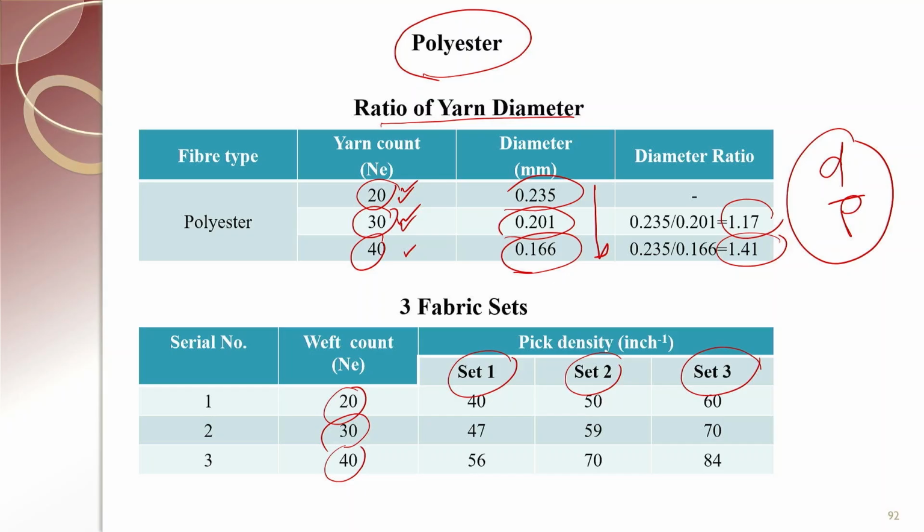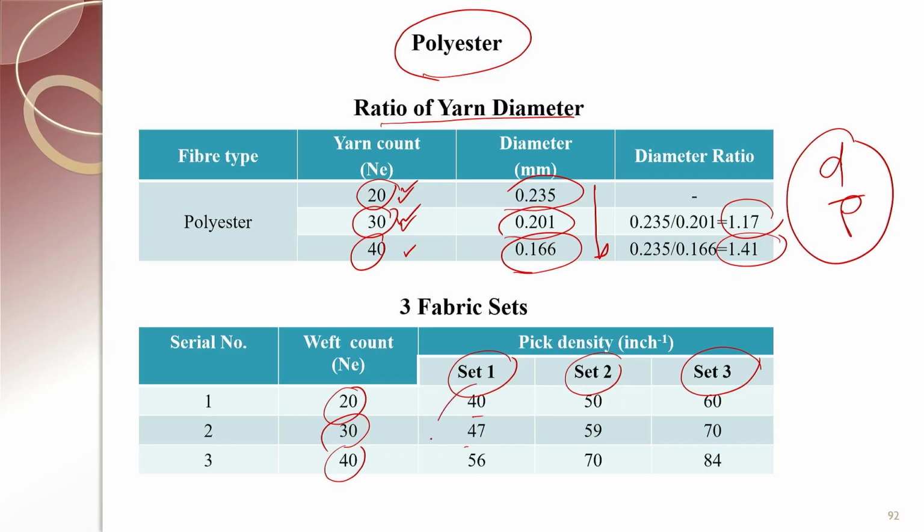Now, how were 40, 47 and 56 decided? These pick densities were decided just to keep the cover factor the same for all 3 fabrics, serial 1, 2, 3.